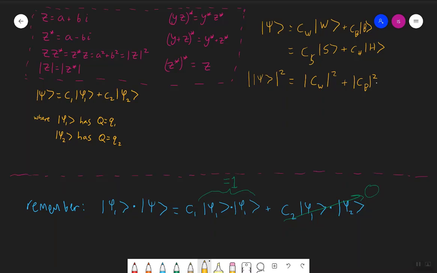But this is also equal to, if we do it in the other basis, the norm of C soft squared plus the norm of C hard squared. But the other thing we know is that the probability of being white plus the probability of being black is equal to the probability of being soft plus the probability of being hard, which is equal to 1.